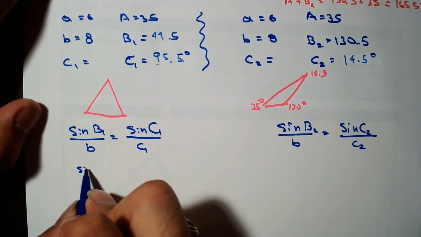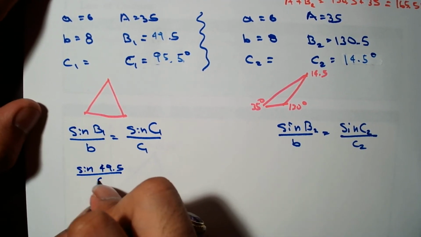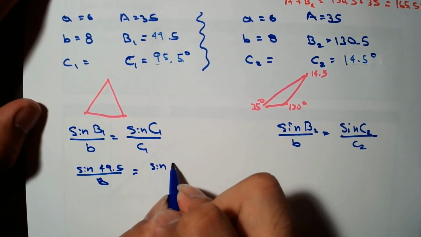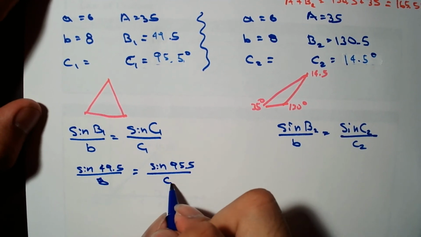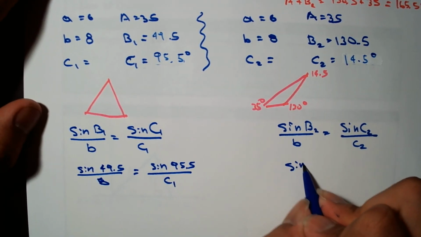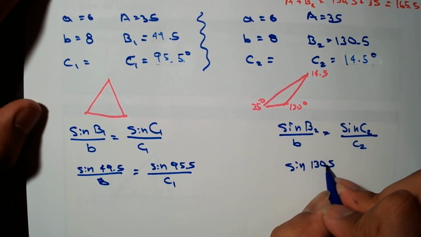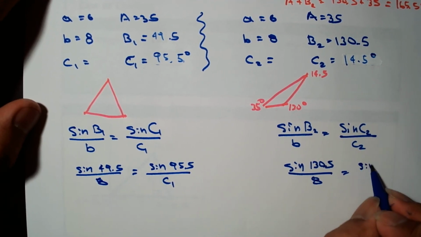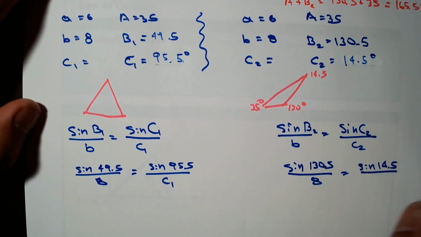So sine 49.5 over 8 equals sine C1, which is 95.5 over C1, to be determined. And over here, sine B2, which is 130.5 over 8 equals sine C2, which is 14.5 over C2, which is to be determined.